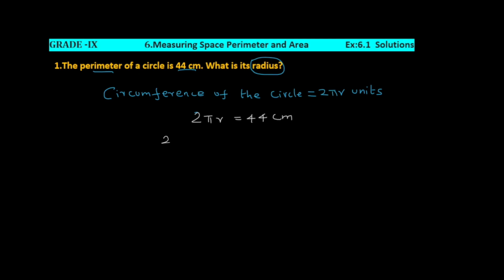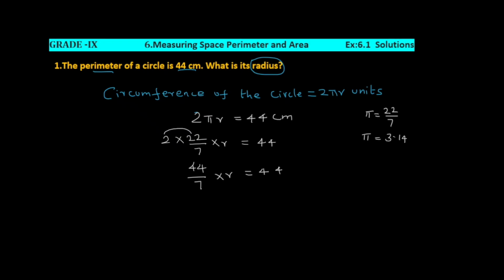So replace pi with its approximate value, 3.14, or the fraction value 22 by 7. So 22 by 7 into r is equal to 44 centimeter. Multiply this, so we will be getting 44 by 7 into r is equal to 44.